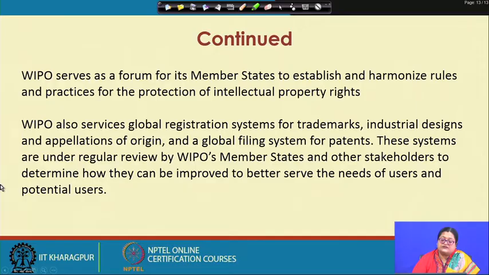These systems are under regular review by the organization's member states and other stakeholders to determine how they can be improved to serve the needs of the users and potential users.